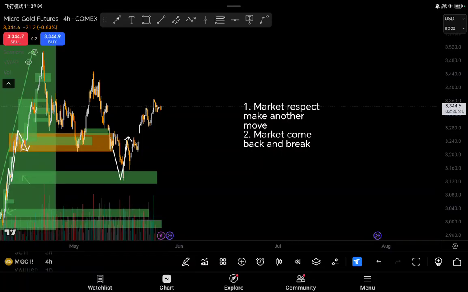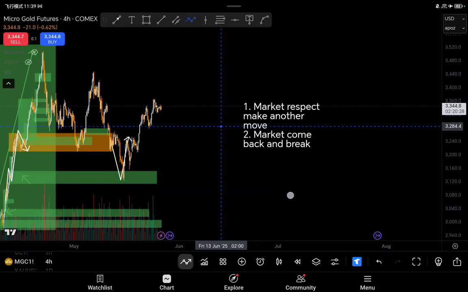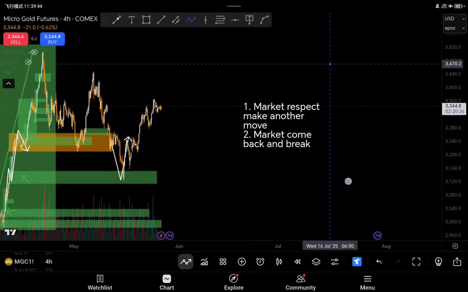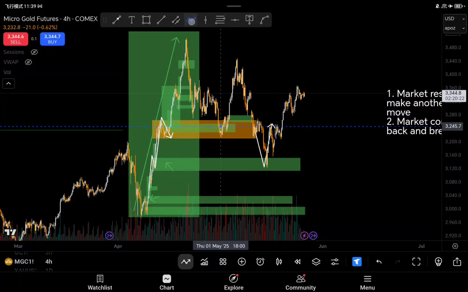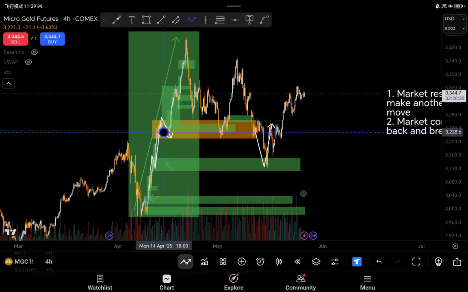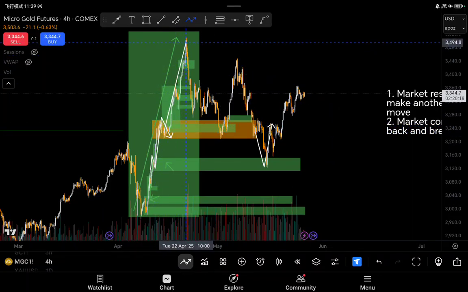I want you guys to write it down: the zone that it respects and the zone that it breaks. What are the differences? For example, when you draw something like this one, and you draw this one and then price comes back.